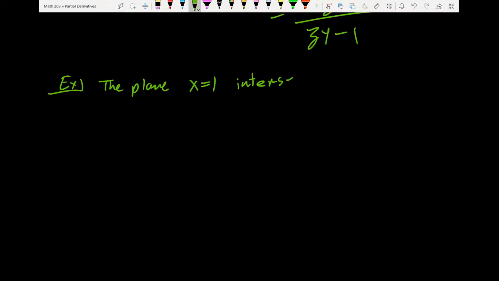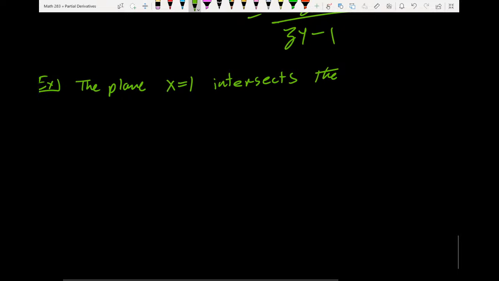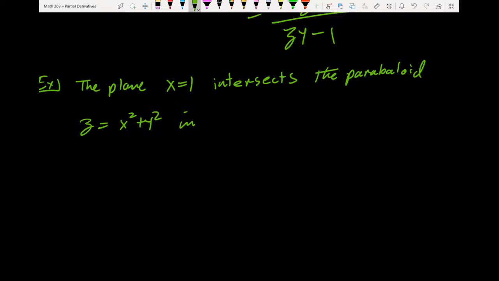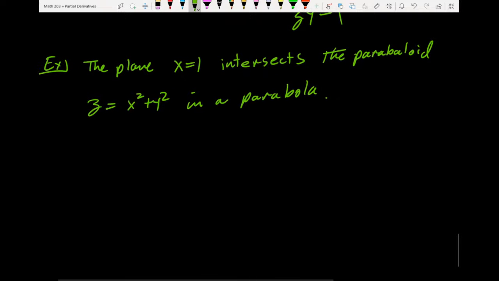The plane x equals 1 intersects the paraboloid z equals x squared plus y squared. So if you graph z equals x squared plus y squared, let me do my best to show what it would look like.